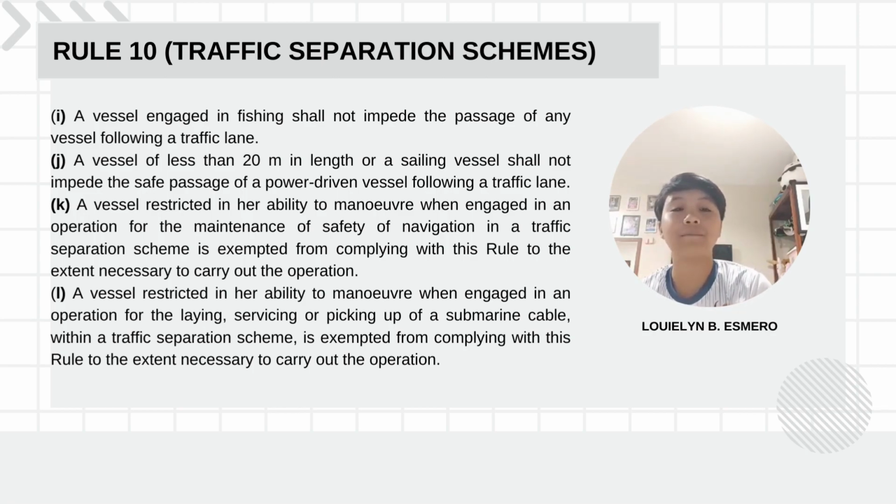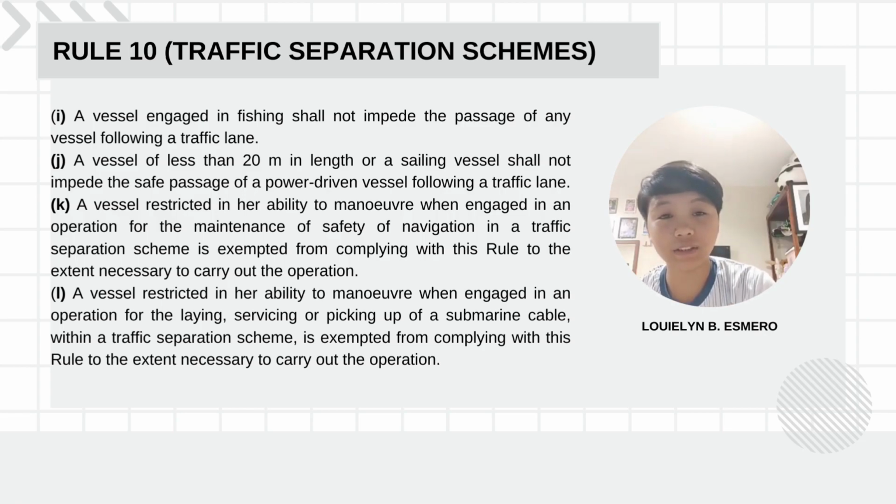Lastly, L. A vessel restricted in her ability to maneuver when engaged in an operation for laying, servicing, or picking up of a submarine cable with a traffic separation scheme is exempted from complying with this rule to the extent necessary to carry out the operation.